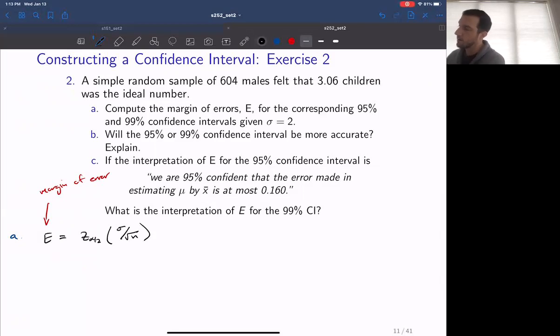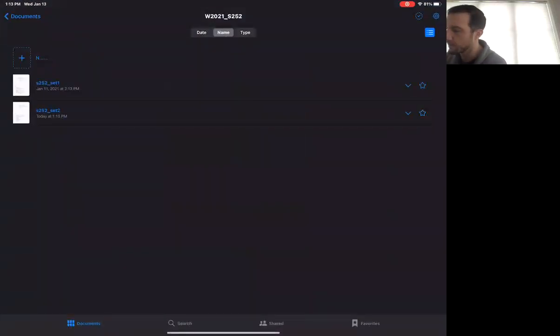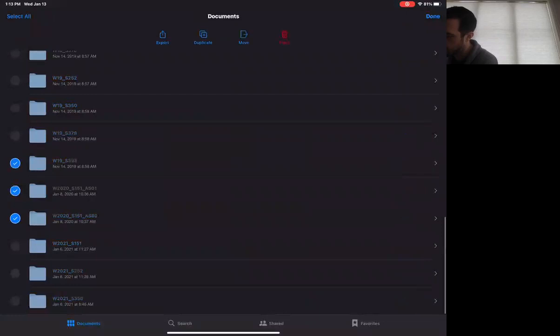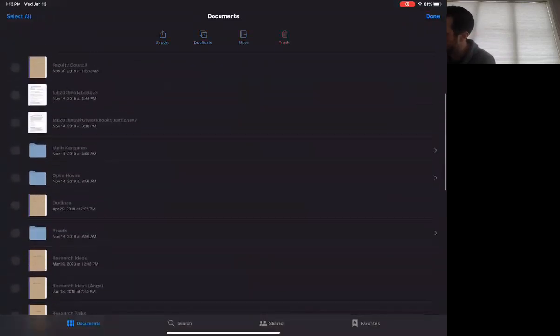Okay. So we have to work out the Z scores for both the 95% and the 99% intervals. To do this, we can save a little bit of time if we use the student t-table, which I will show to you now.